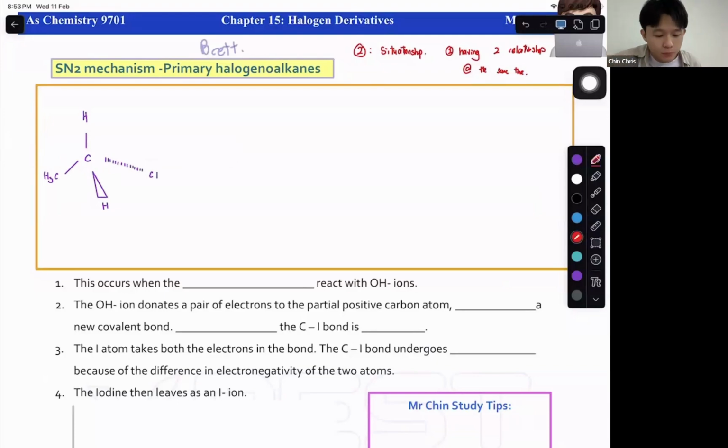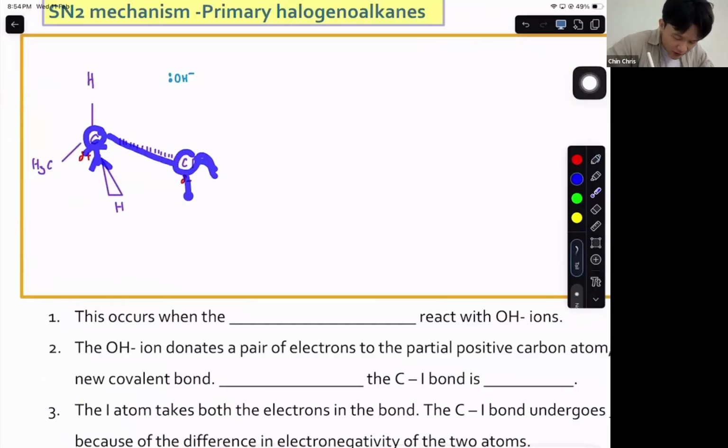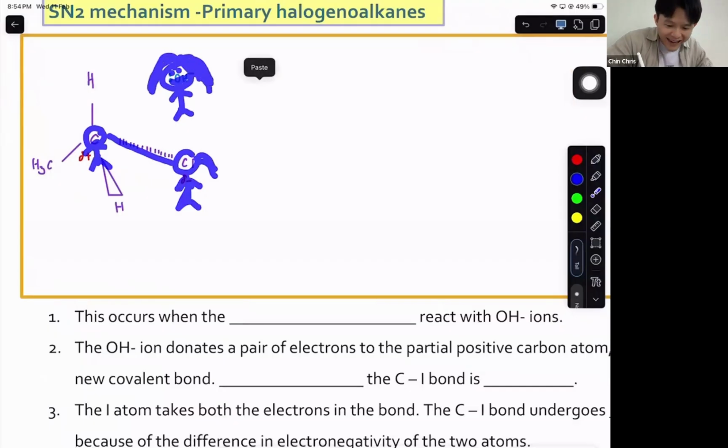Alright guys, we have a primary halogenoalkane. Okay, and guys, you have a delta plus and a delta minus here. And right now I have a nucleophile coming in. So you see, I have a guy in the middle. This guy is already having a girlfriend, Brad, already dating this girl. But at the same time, he gets to meet this girl and becomes a bit interested in her, maybe Alex.